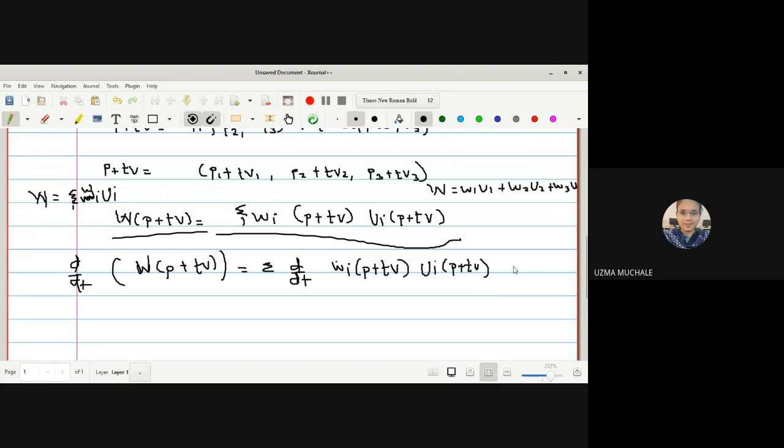You have to find out all this at t equal to 0. Correct? If t is equal to 0, what will be Ui of P plus TV? It is simply Ui of P. Correct?